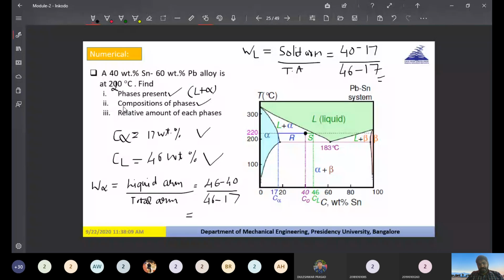For the composition of phases, we use the tie line, and for the amount of phases present, we use the lever rule. Keep these things in mind.